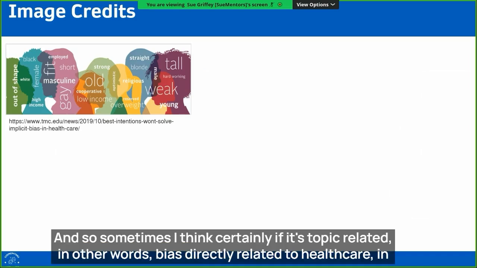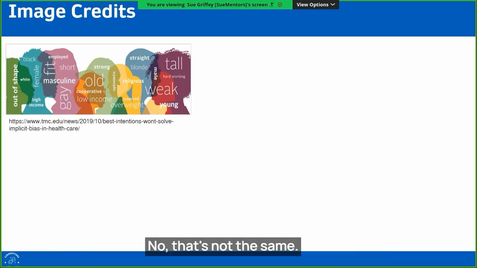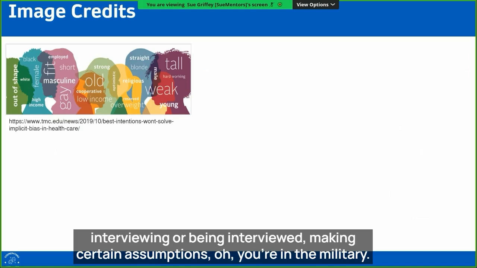Sometimes, if it's topic related, in other words, bias directly related to healthcare, and this is a healthcare job that I'm being interviewed for, then sure, is that a bias? No, that's not the same. But it comes down to, as you were trying to point out, when we are interviewing or being interviewed, making certain assumptions.